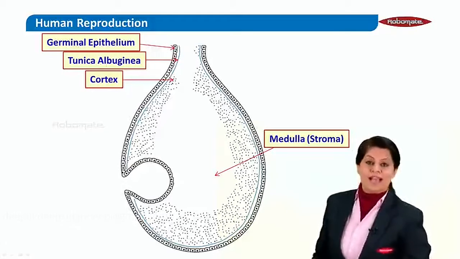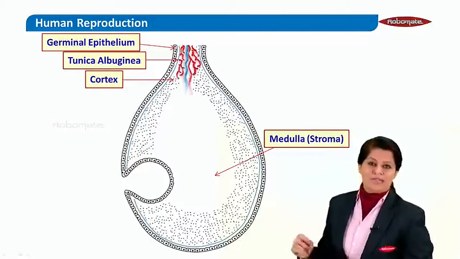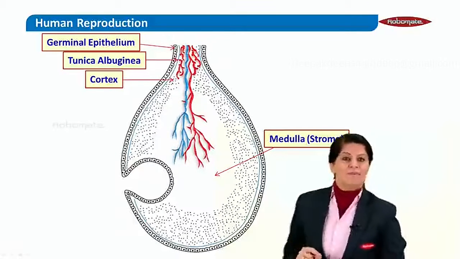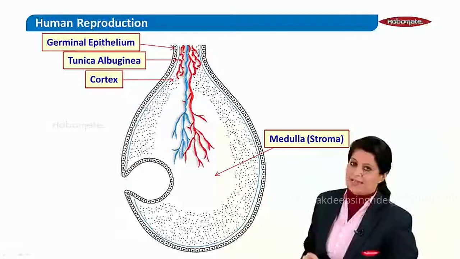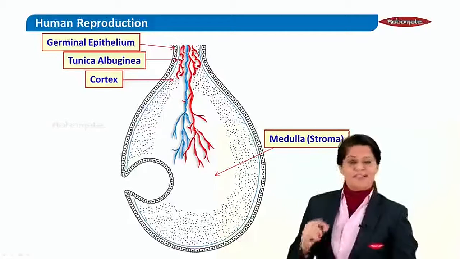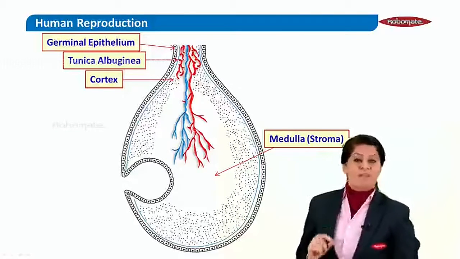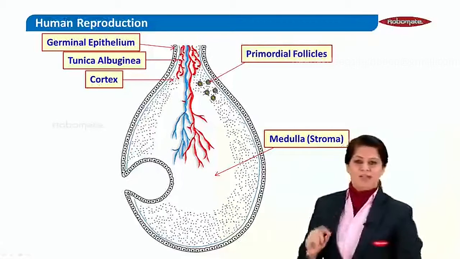Now what exactly is there in the middle region? There are a lot of blood vessels present in the middle region, students. The outer area is very active because there are various follicles at different stages present here. For example, there are follicles called primordial follicles.